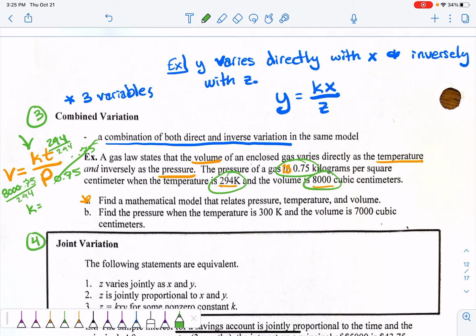I did that in a crammed space, but you're unwinding the equation, you're solving for K. So 8,000 times 0.75 divided by 294, and that K is going to be 20.4, if we round to one decimal place. I hope I did that right. Let me do that again, 8,000 times 0.75 divided by 294. Yep. Okay, so our constant is 20.4.